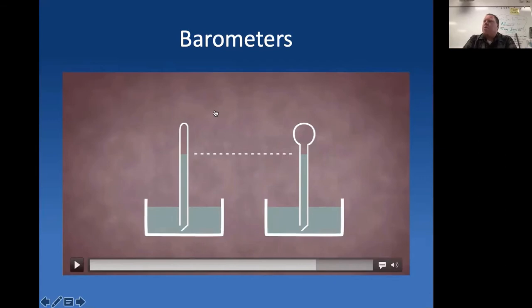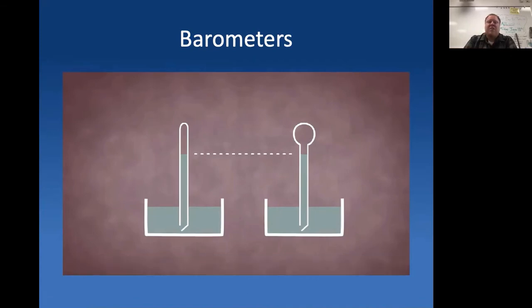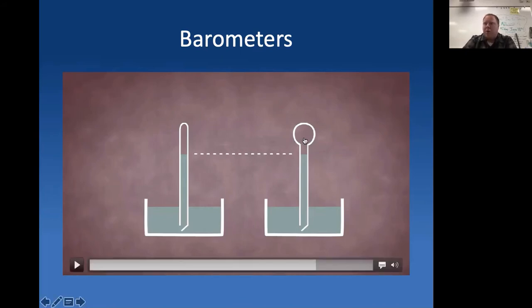However, this one over here on the right has a larger vacuum than what we have over here. Because this is a larger vacuum, if vacuums actually sucked the liquid up and pulled the liquid up, it should have pulled it higher. It didn't.